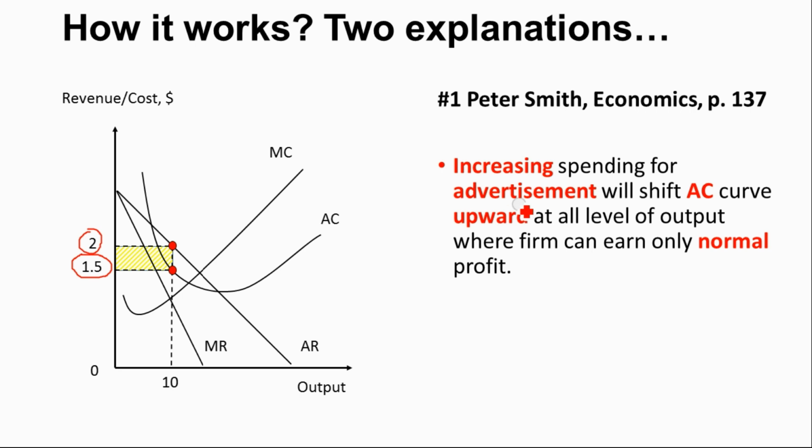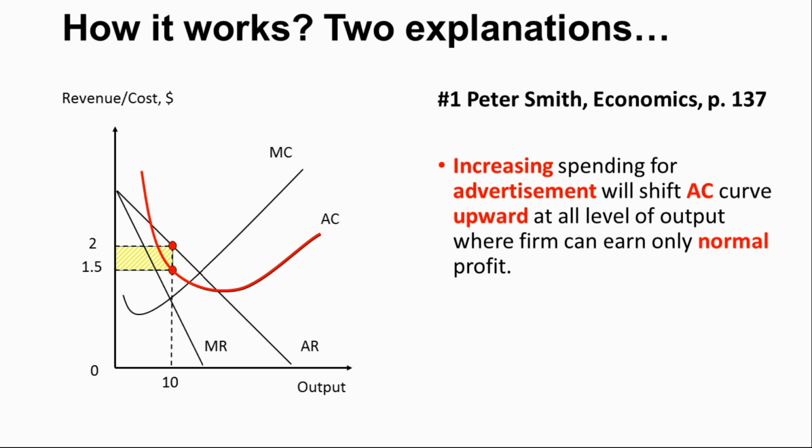Increase in spending for advertisement. This is an explanation from one source, Peter Smith Economics, page 137. Increase in spending for advertisement will shift the average cost curve upward at all levels of output, where a firm can earn only normal profit. Let's see how it looks. This is your average cost, and then the company is spending money for advertisement.